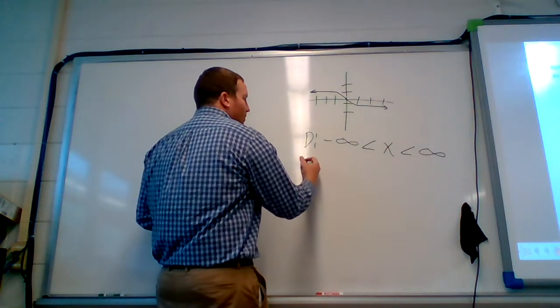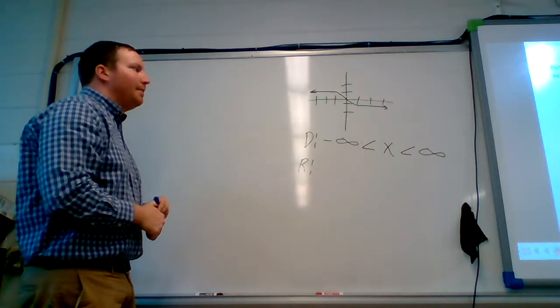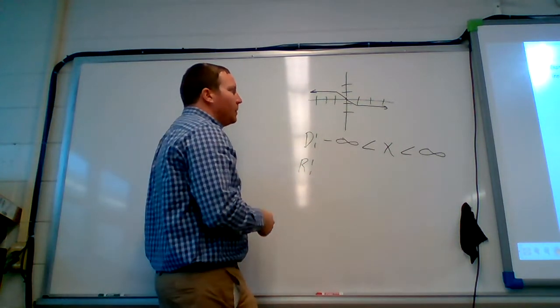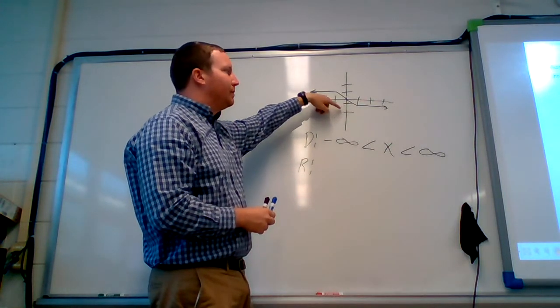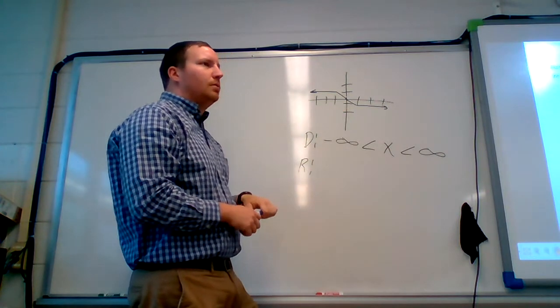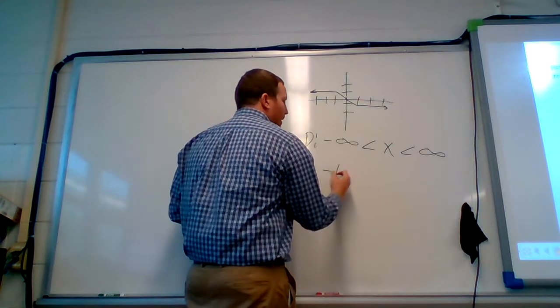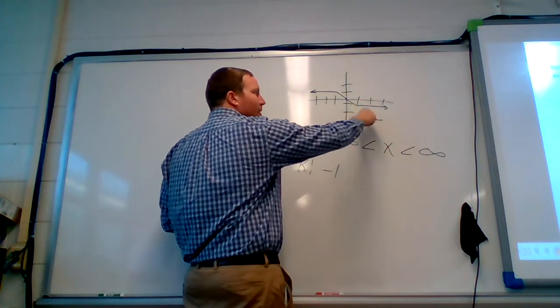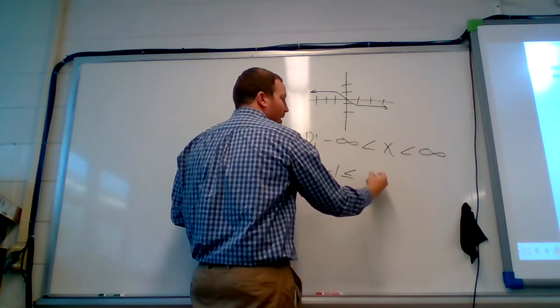Our range, however, is again the set of all of our y values. So what's the lowest y value that we have on our graph? What's our lowest point? -1. So we're going from -1, our lowest value, and we touch at -1. We're flat there, so we're going to include that.